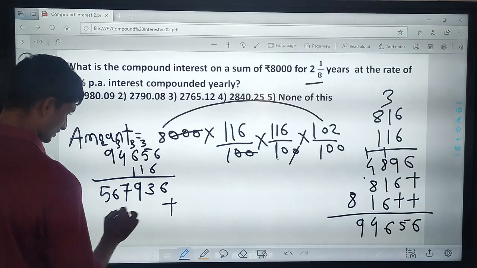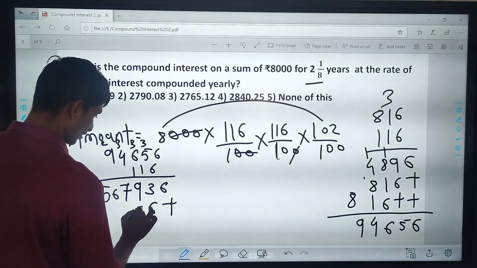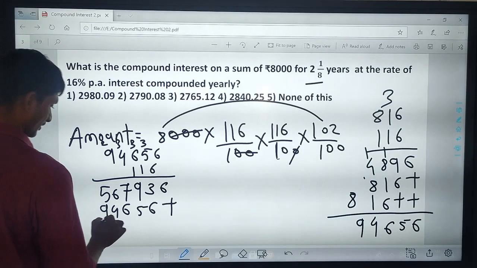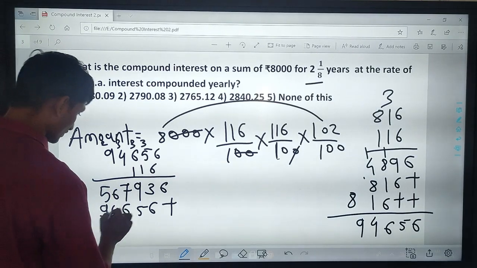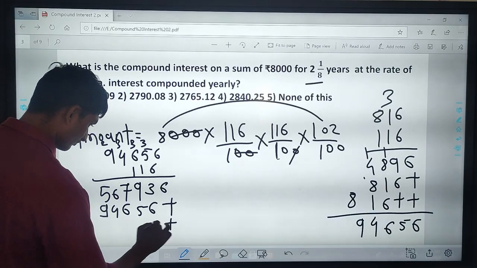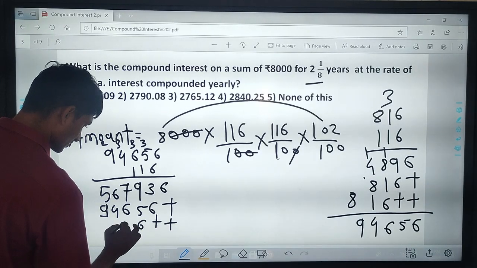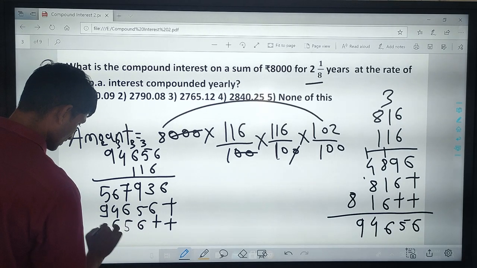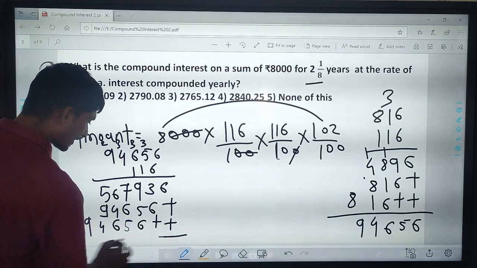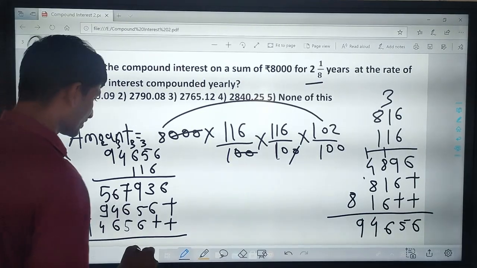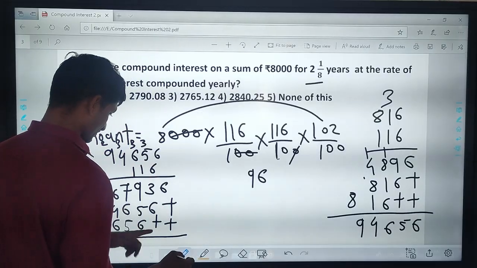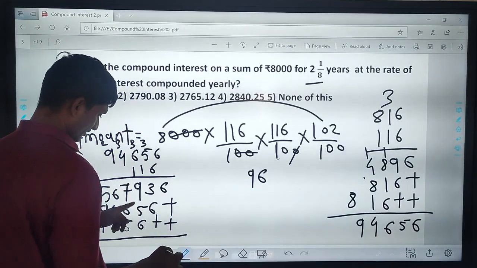Plus 6, 5, 6, 4, 9. We get the addition of this. Now here we write 6, 9, 6, 9.